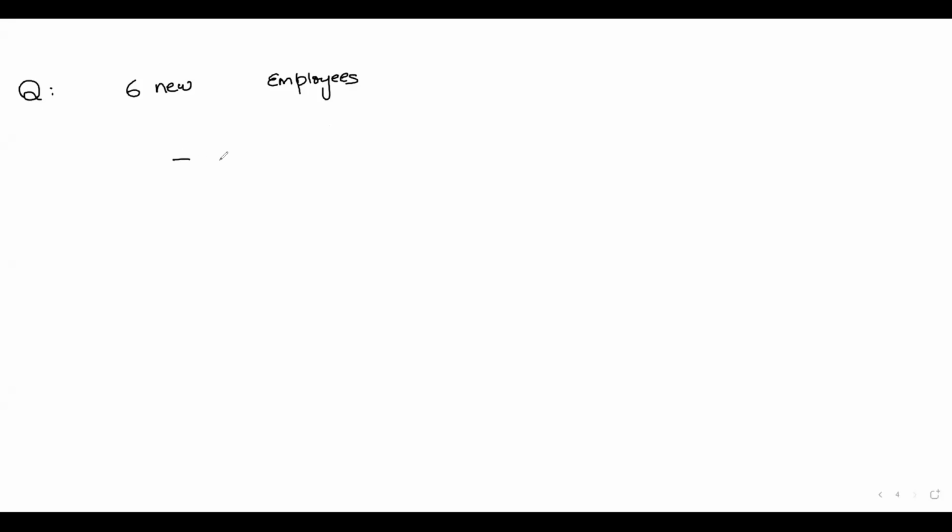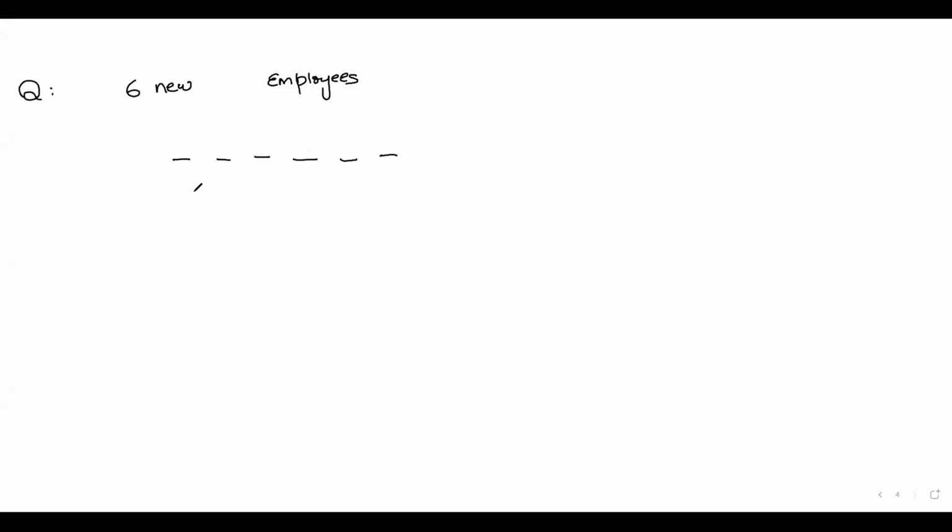Okay, there are 6 desks, D1, D2, D3, and so on. If the assignment of the employees to desks is made randomly, what is the probability that the married couple will have non-adjacent desks?